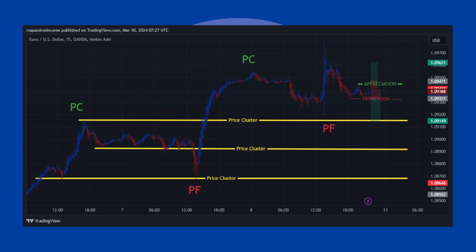So the next thing is to try and see if I can find any appreciation and depreciation level where I will be doing my entry. I like to look for that in the 15-minute time frame.